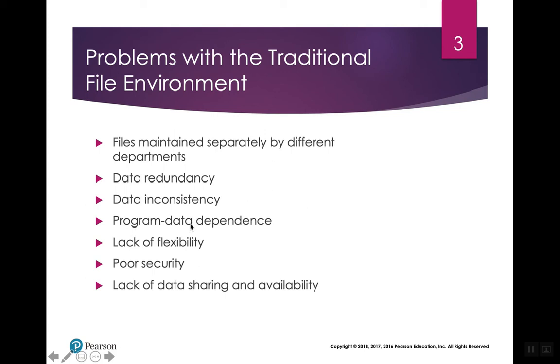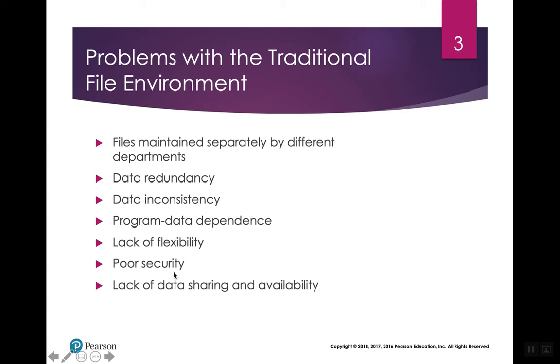As we indicated, there's program data dependence: an application has a one-to-one relationship between a program and a data file. As we found, that wasn't the most flexible way of doing things. It also wasn't particularly secure, because in a lot of cases there was no inherent security.